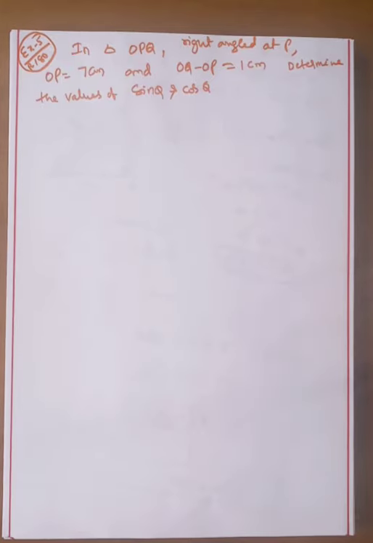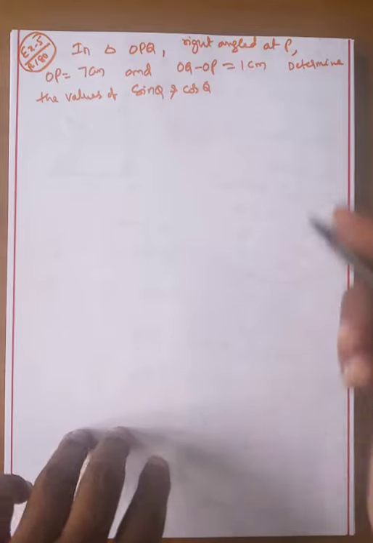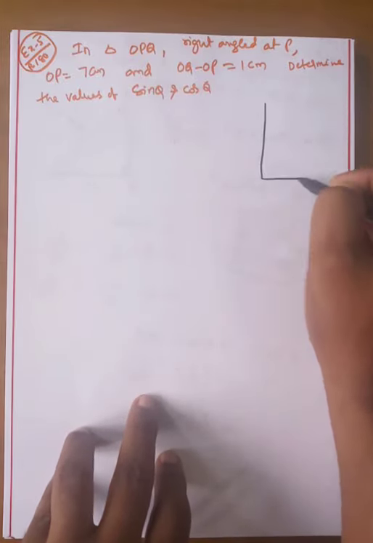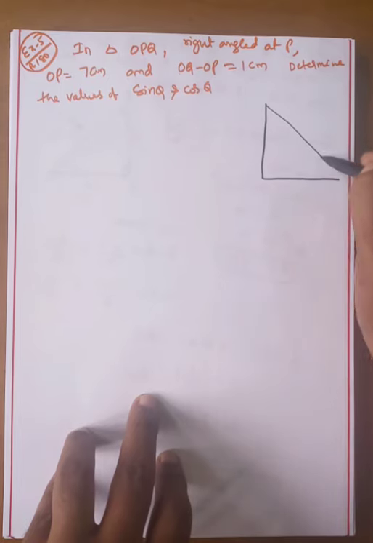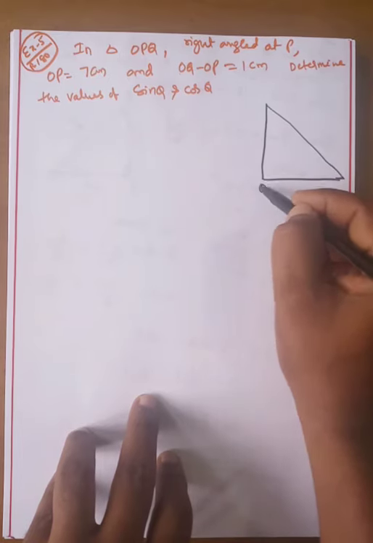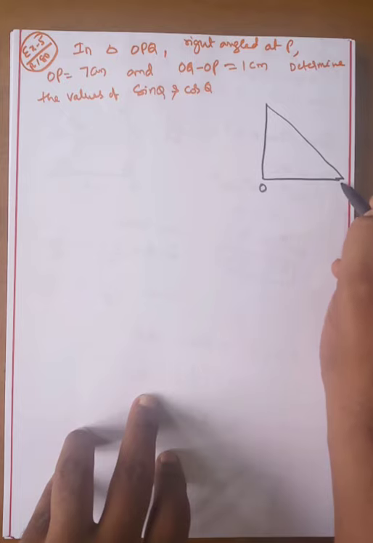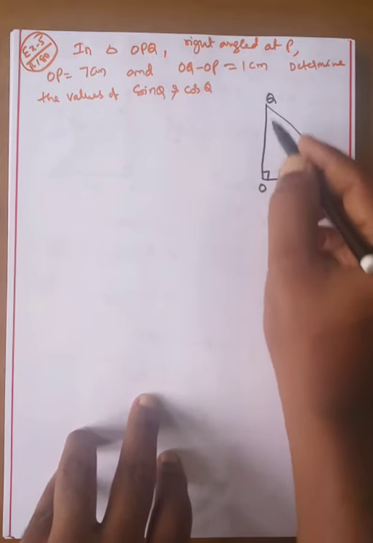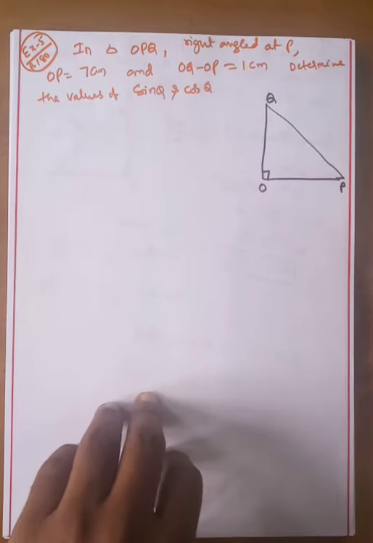Yes. Okay, my dear students, you have to observe that in triangle OPQ, the right angle is at P. Suppose this is O, here P, here Q, triangle OPQ. Sorry, I made a mistake.